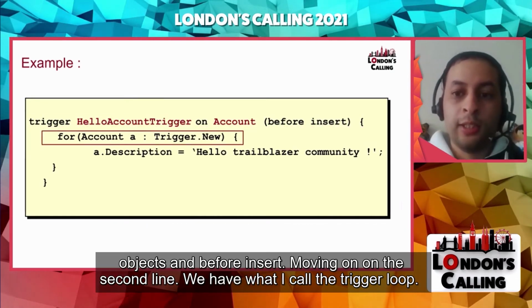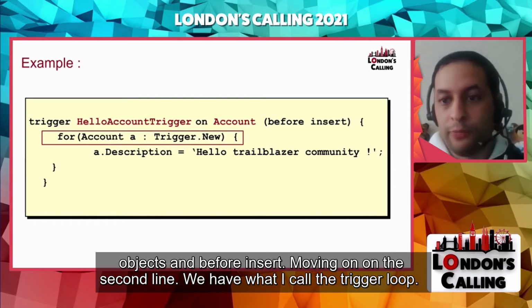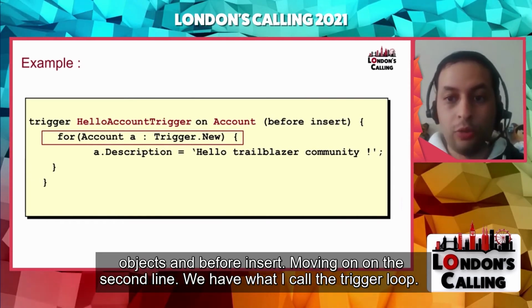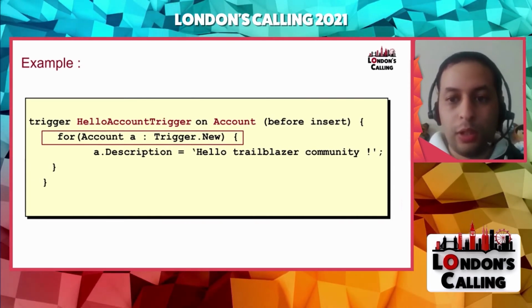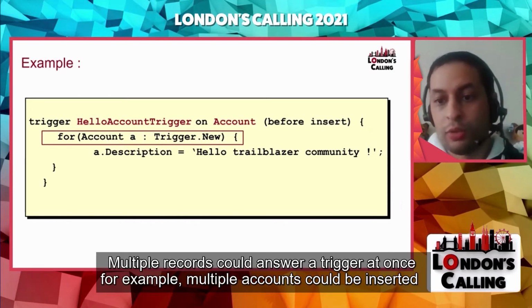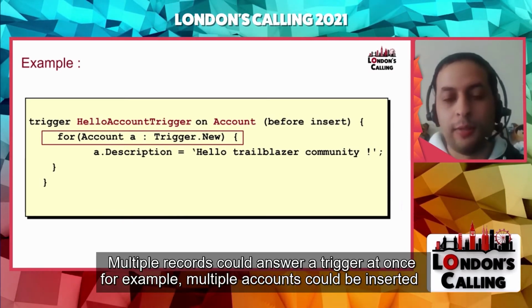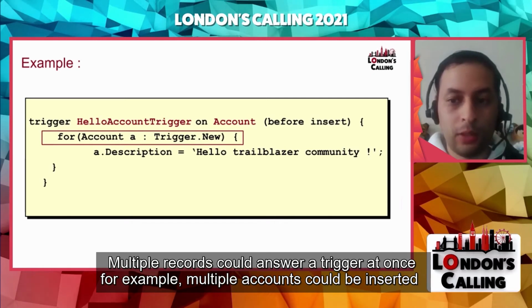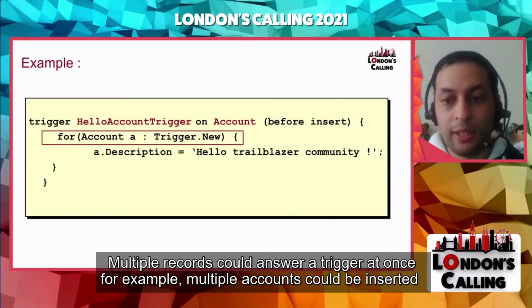Moving on to the second line, we have what I call the trigger loop. Multiple records could enter a trigger at once. For example, multiple accounts could be inserted in bulk.